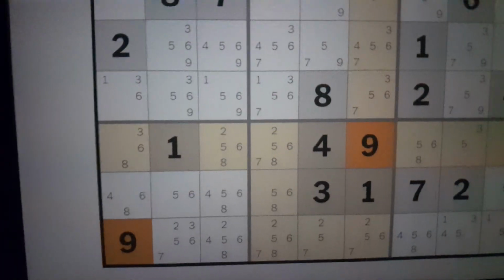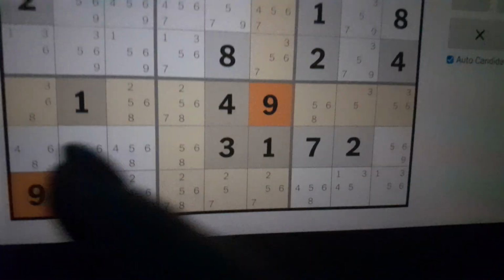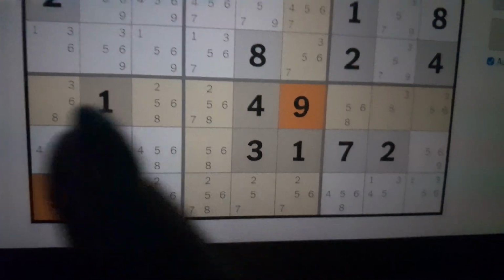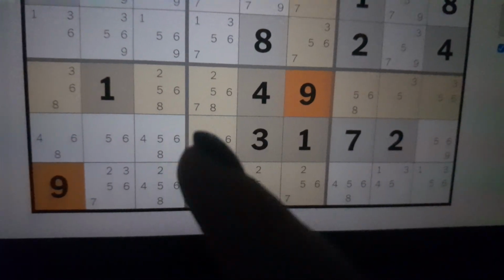For example, on this row here where I just placed the 9, if you look at the candidates, you will see that 7 on this row is only a candidate in this specific cell, so this is where you place a 7.